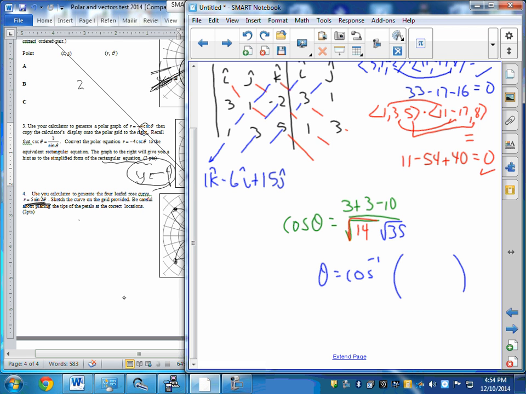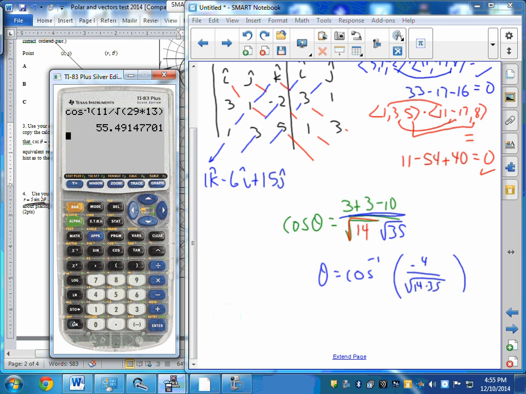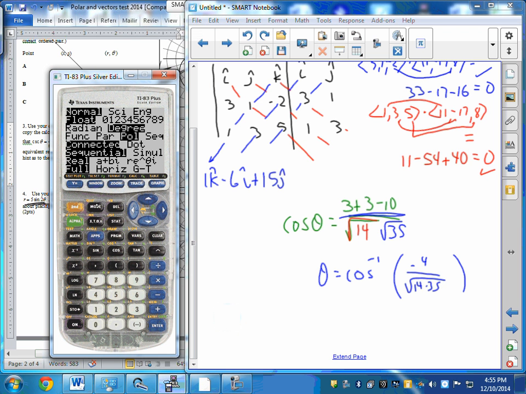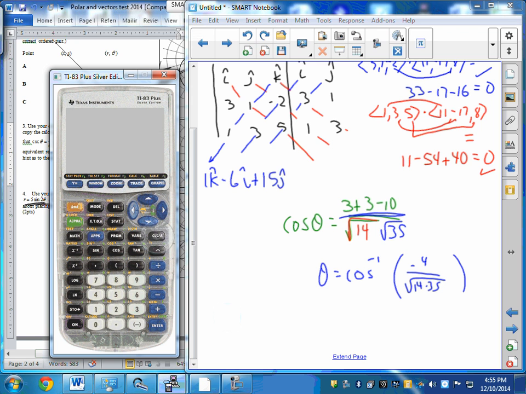This again screams calculator. We've got negative 4 over the square root of 14 times 35. Okay, so let's see. I'm in degree mode, so that will give it to me. We just need cosine inverse of negative 4 divided by root 14 times 35.